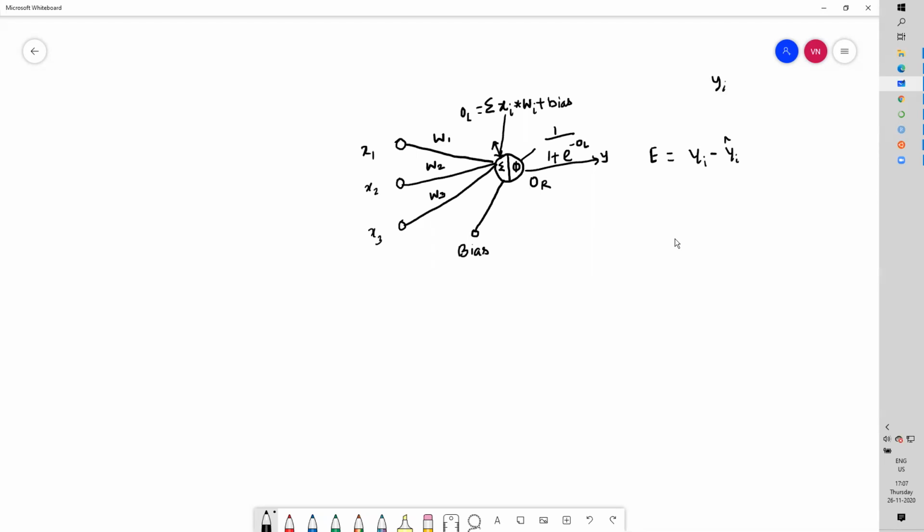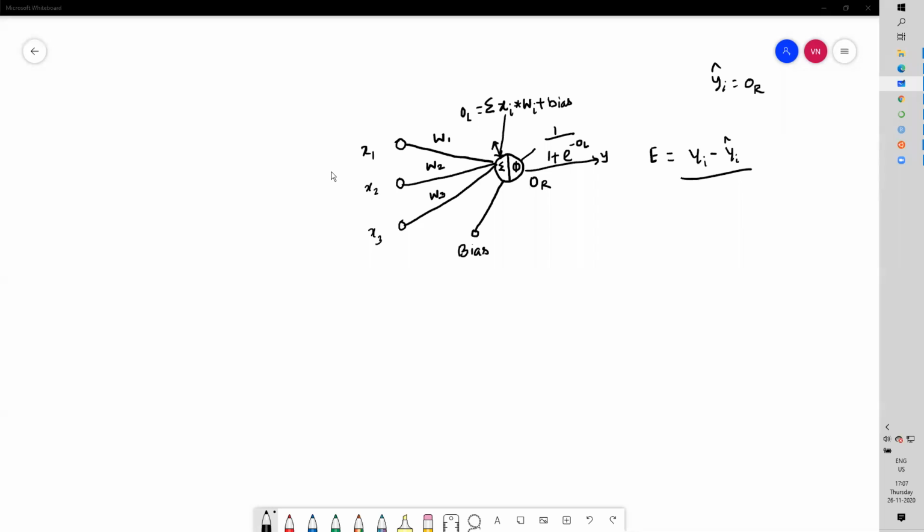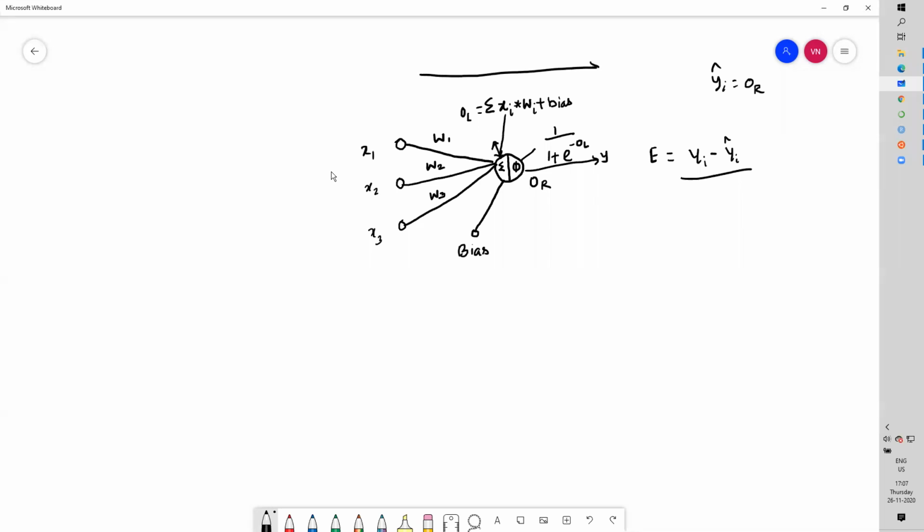Your yi hat is nothing but the output of the activation function, that is the OR. So this is the error part. And what we have discussed is the feed forward, also called the forward prop.